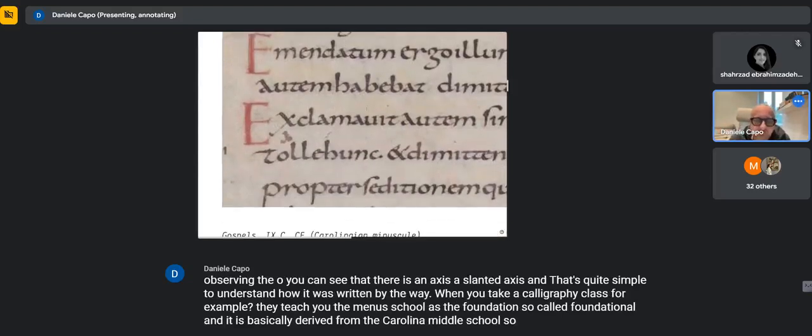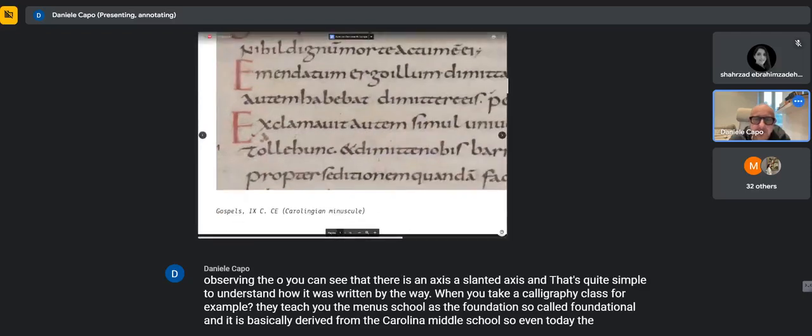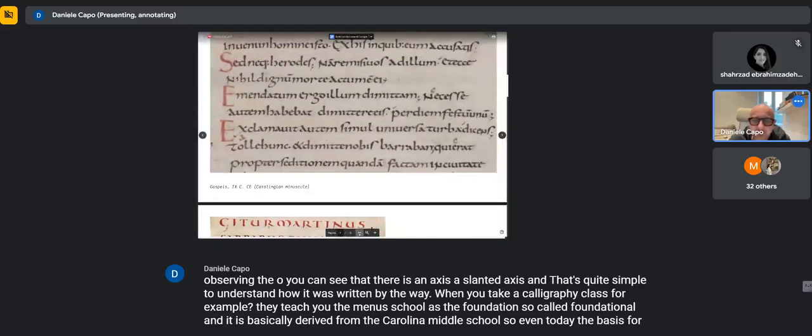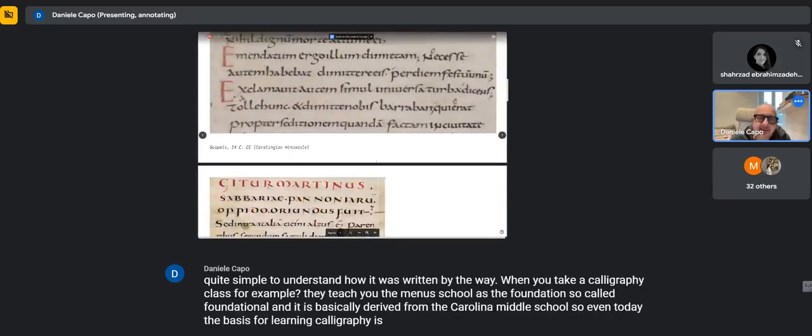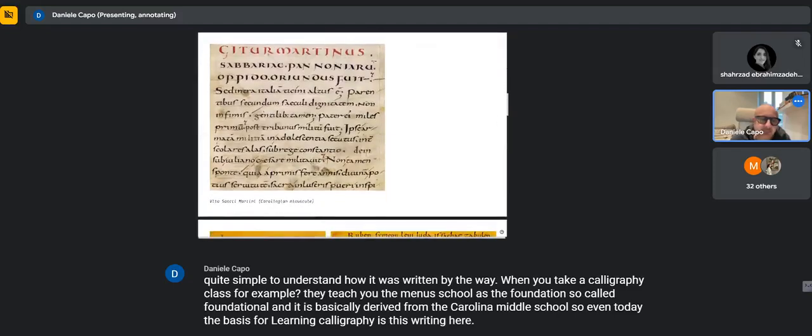So even today, the basis for learning calligraphy is this writing here.